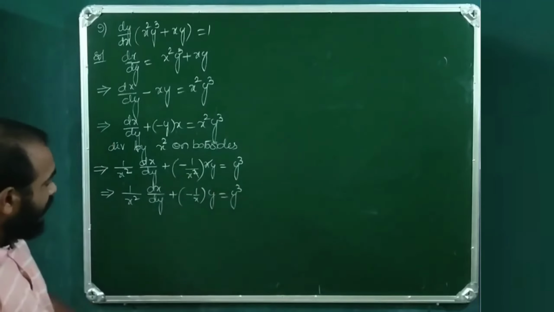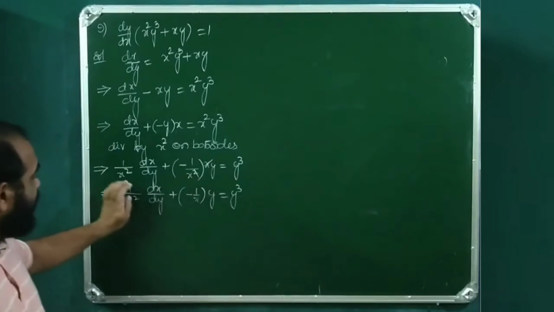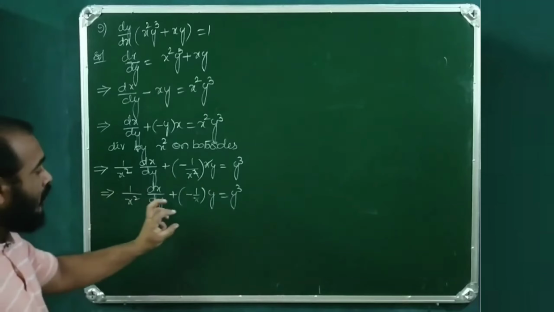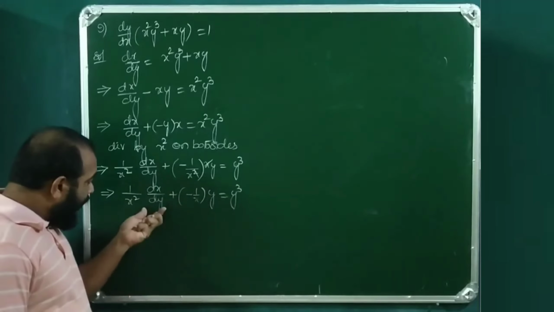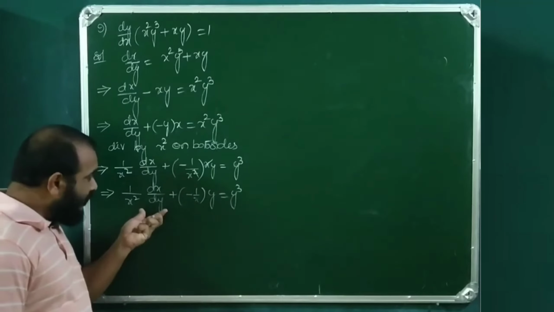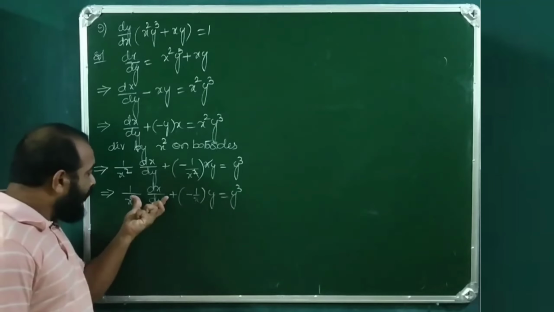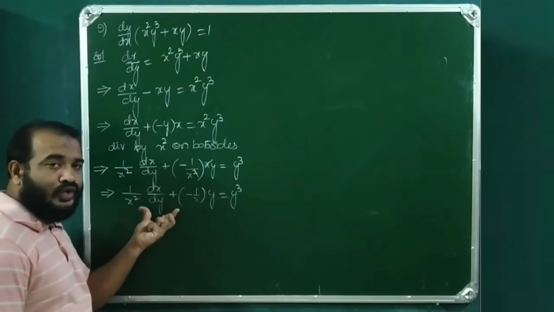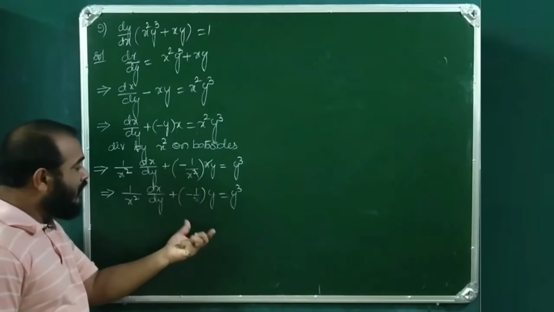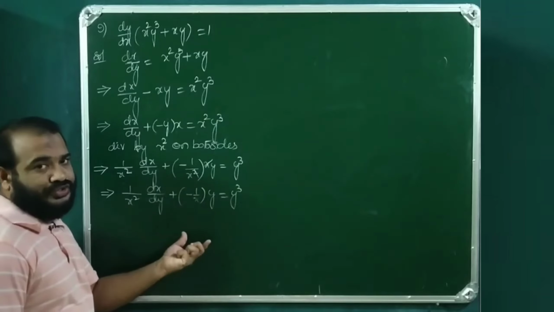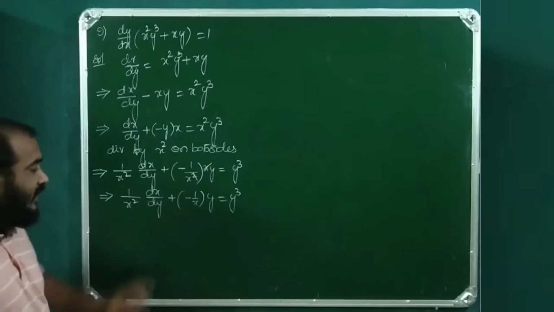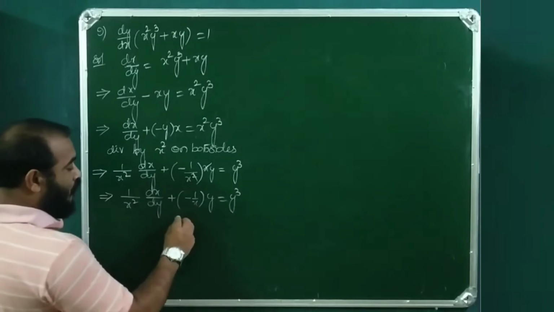Here this is a function of x, this is its derivative. So in order to convert this Bernoulli's differential equation into a linear differential equation, we have to take a small substitution.